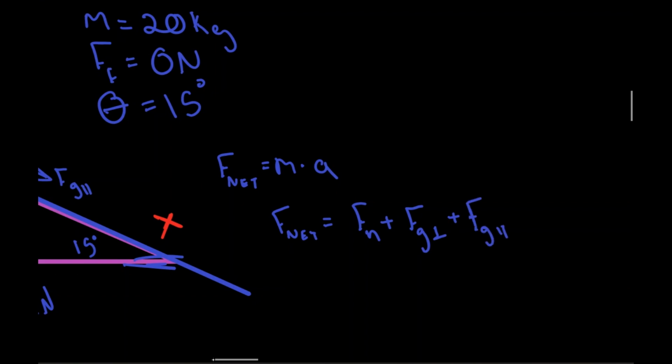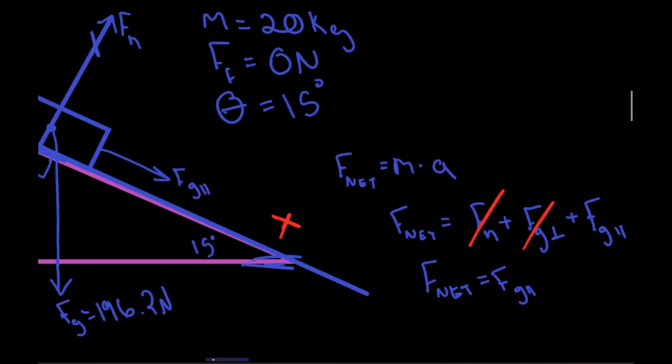But remember how we said force of normal and force of gravity perpendicular are equal, they'll just cancel out. So we don't have to write these at all. When you're taking an actual exam, you don't have to write down the balanced forces. You can just write down the unbalanced forces acting on the object. So therefore, we can write this as force of net is equal to force of gravity parallel.